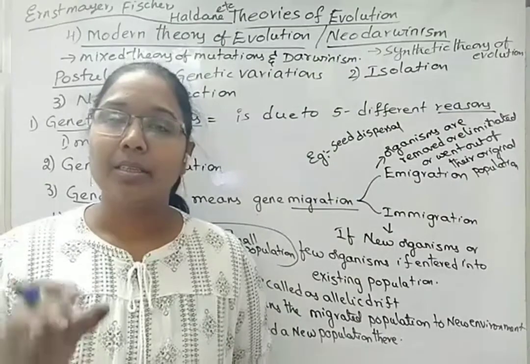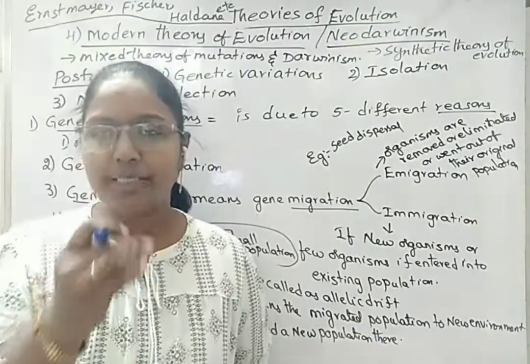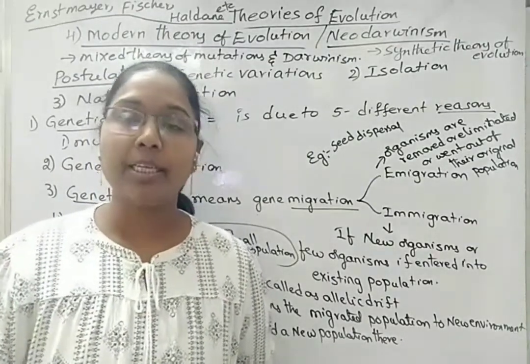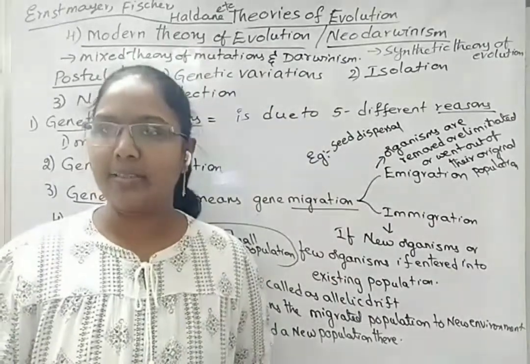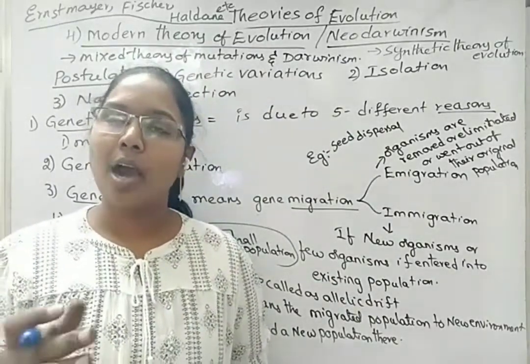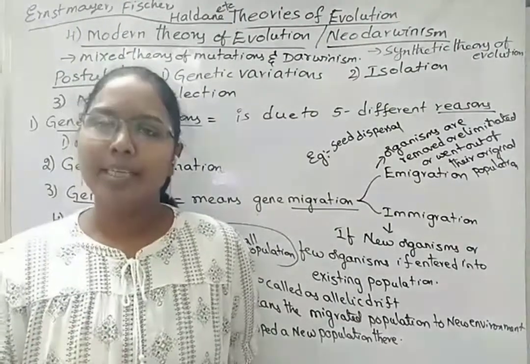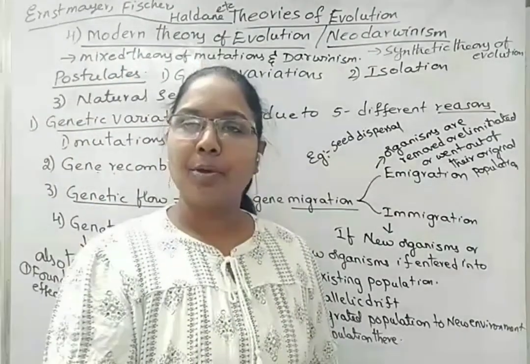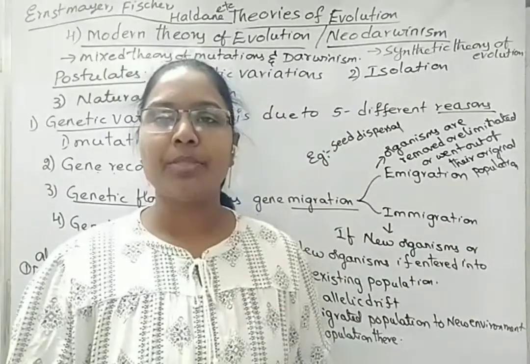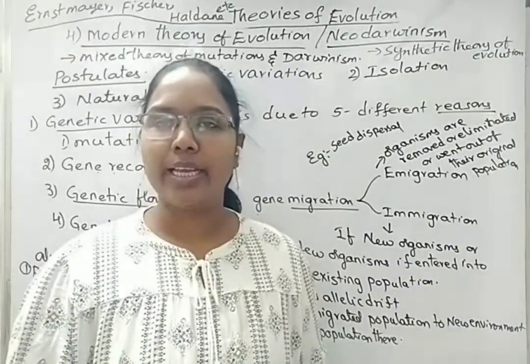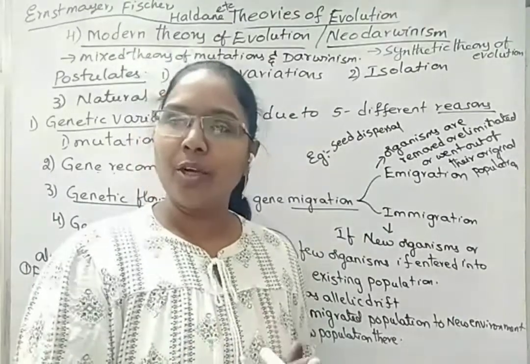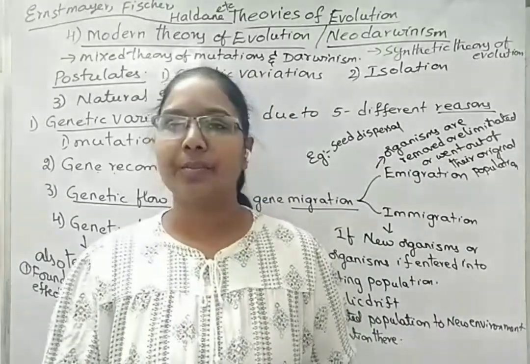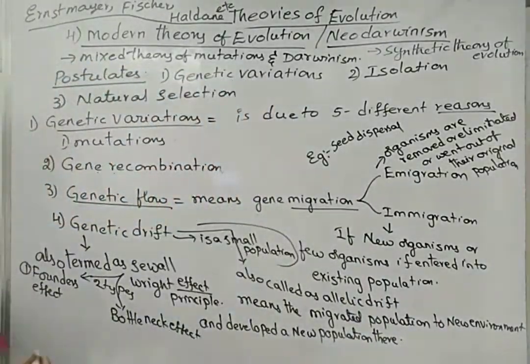But sometimes when the population migrates to a new area, because of non-adaptability to the new environment, some of them may die. Then a smaller number of the population may exist. After some course of time, when some organisms are unable to survive in the changing environment, whatever remaining population there is will transfer the existing characters to their offspring. That is called bottleneck effect.